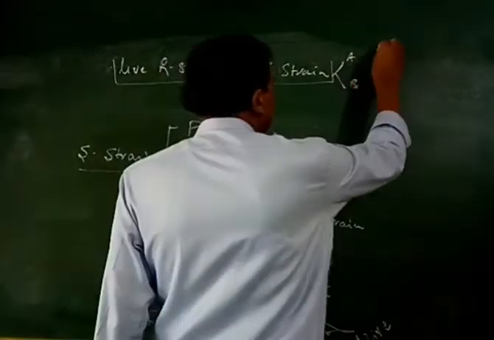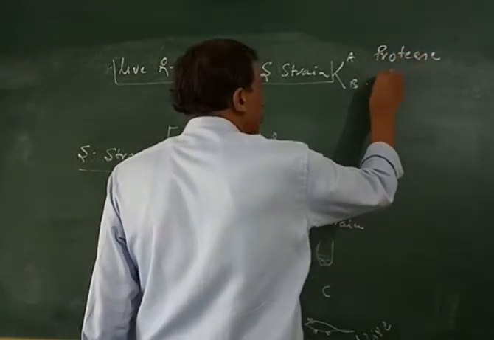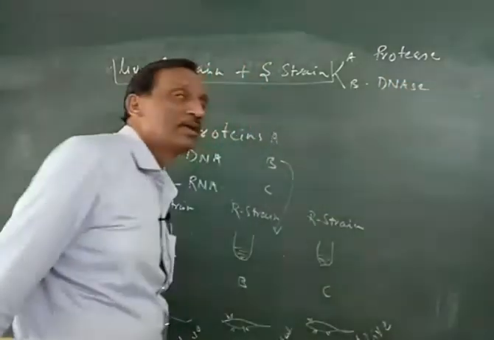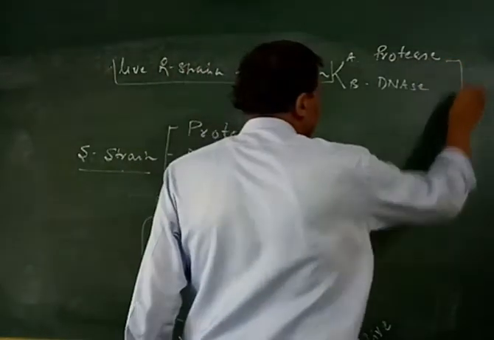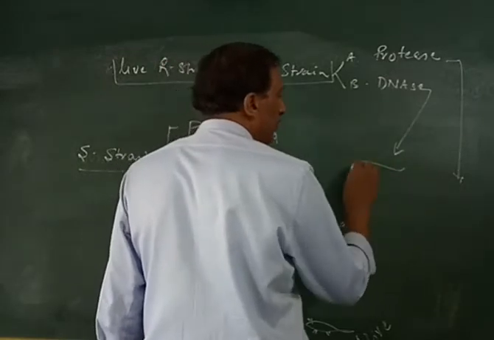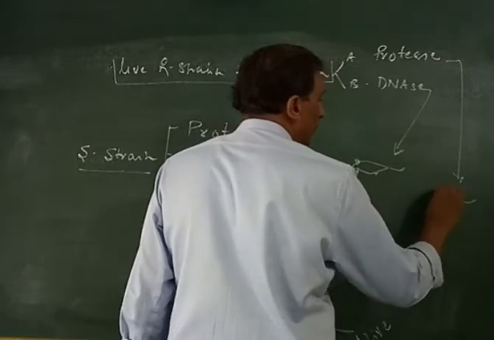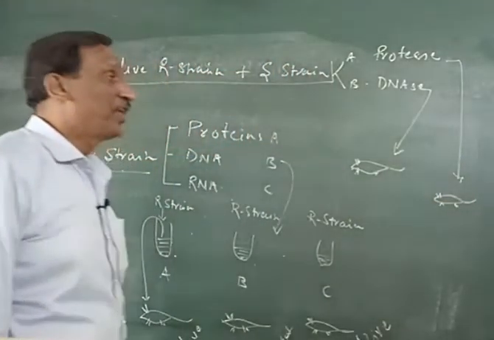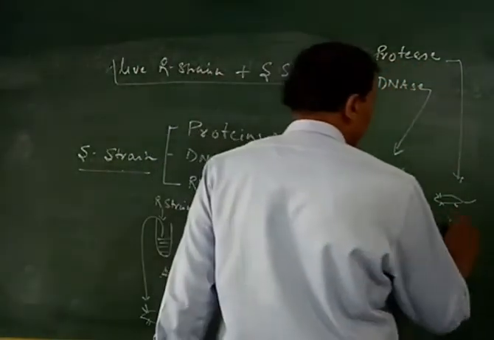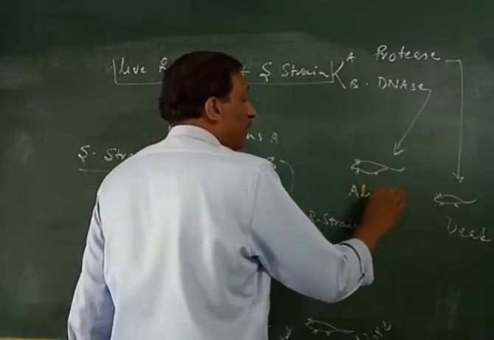In sample 1 they added protease enzyme and in sample 2 they added DNase enzyme, and then they were injected into the rat. They found that when the protease enzyme is added, the rat died. And when DNase enzyme is added, the rat remains alive.